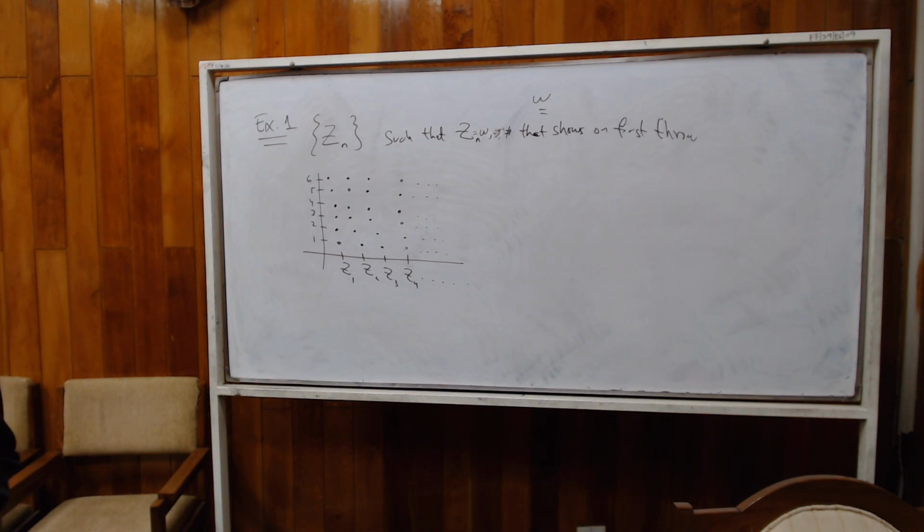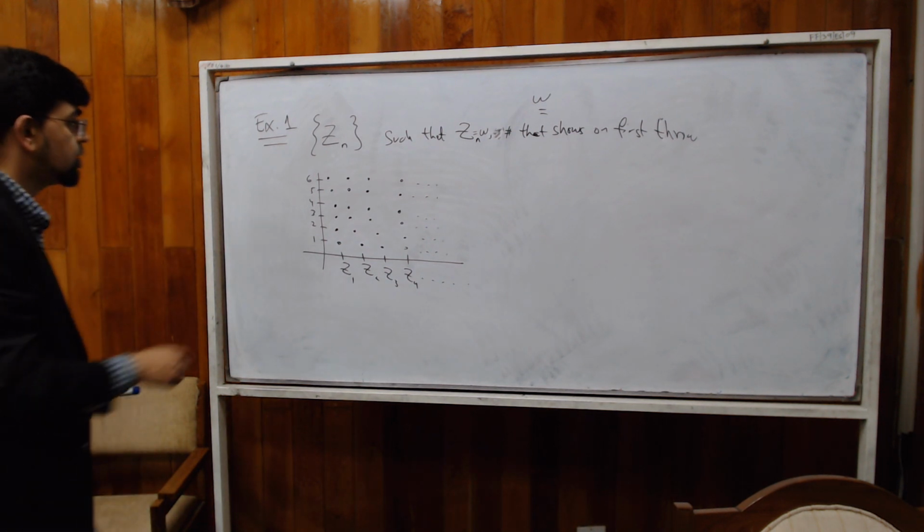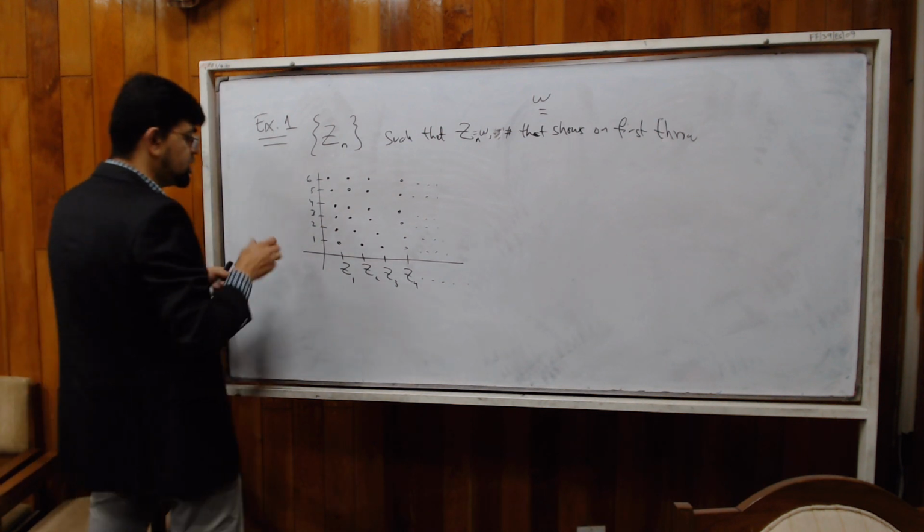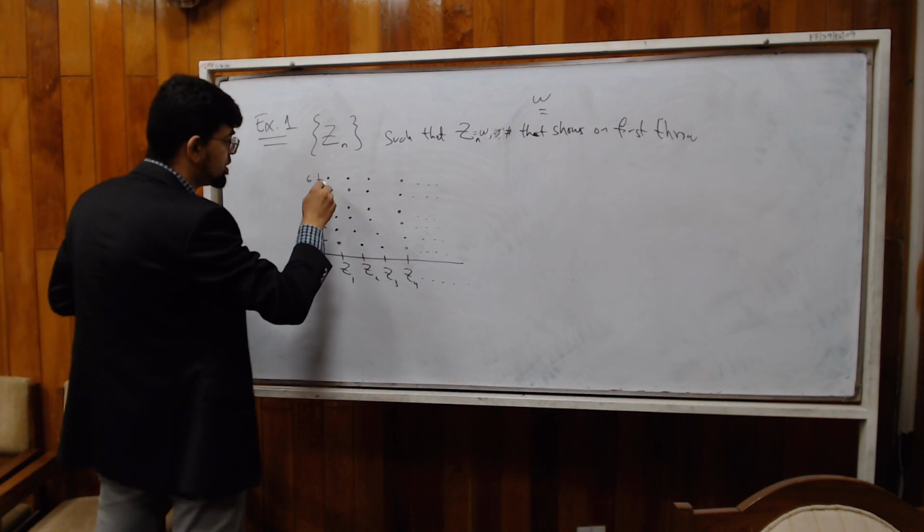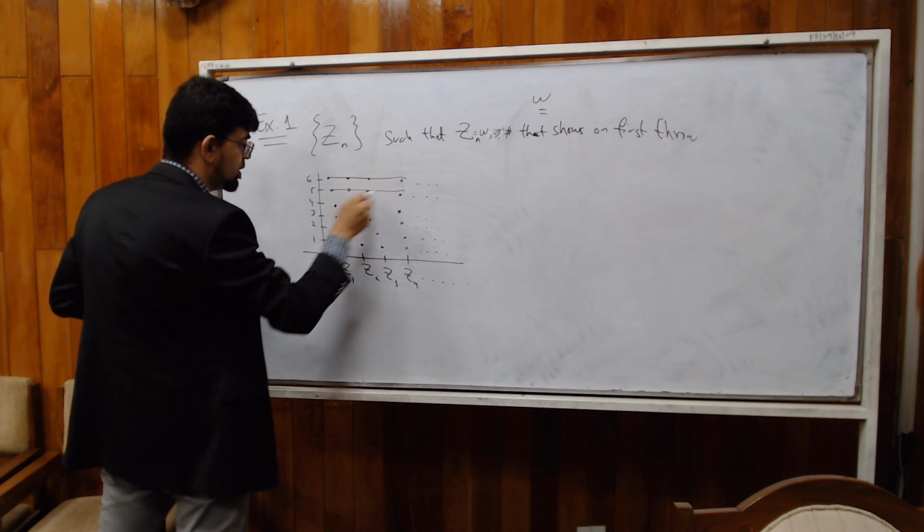Now, what is the ensemble mean in this case at each time? How would you draw it? So these are the realizations, agreed? Realizations are basically straight lines.